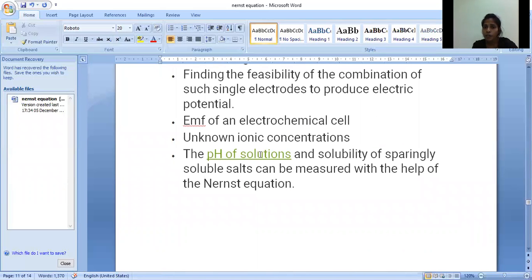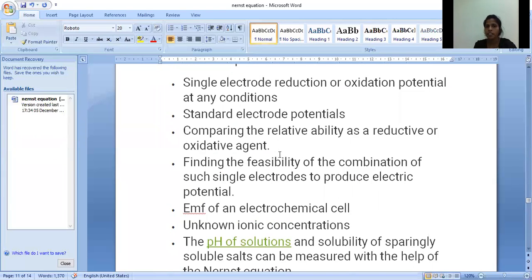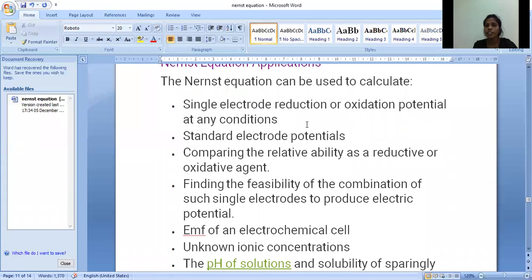And the pH of solutions and solubility of sparingly soluble salt can be measured with the help of the Nernst equation. So even we can find the pH also, that I will explain in the numericals. So how to find the pH value by using the Nernst equation, and how to find the concentration of the given solution, that means unknown solution, and how to find the EMF, that I will explain in the numericals. Yes, so these are the applications of the Nernst equation.